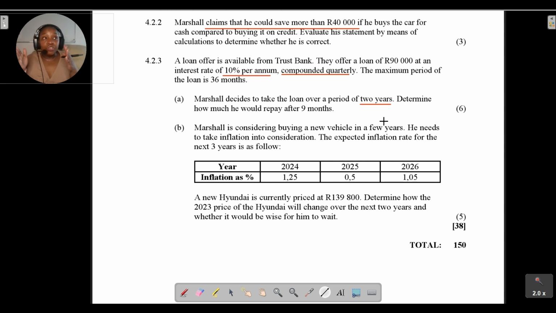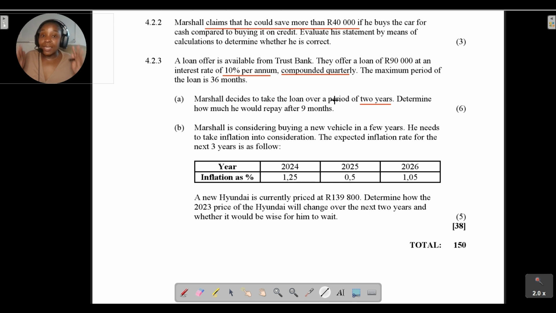So if you borrowed 100 rand and they add interest of 20 rand, to calculate the interest for the second year, it's going to be now 120 multiplied by the interest rate. I hope I'm making sense, but let me just explain what's happening here. What's very important that you need to understand is, firstly, what is the period that we're working with?